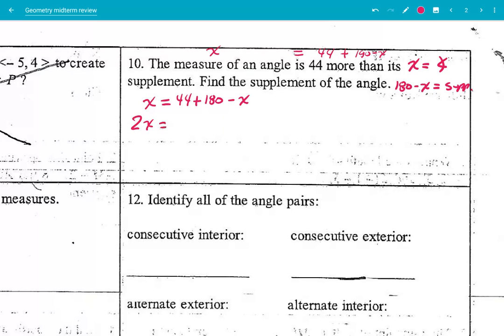So 2X equals 44 plus 180, which is 224. So X equals 112. And the supplement is 180 minus 112, which is 68.